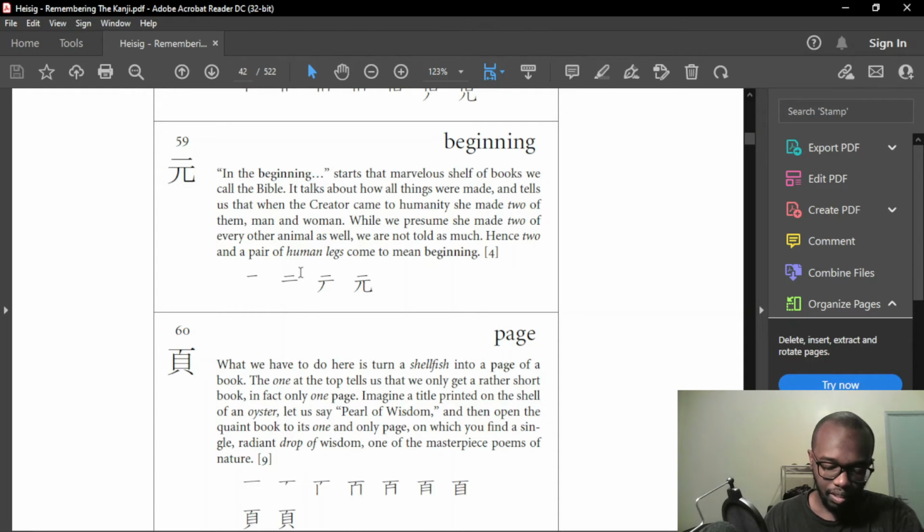So if you remember the cartoon Cow and Chicken, it's those two, the mom and dad. So that's basically what I'm trying to remember. Cow and Chicken's mom and dad, parents, being there at the beginning of time, which are two pairs of legs.